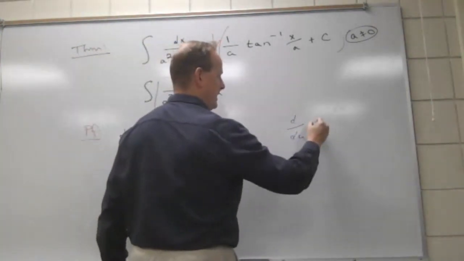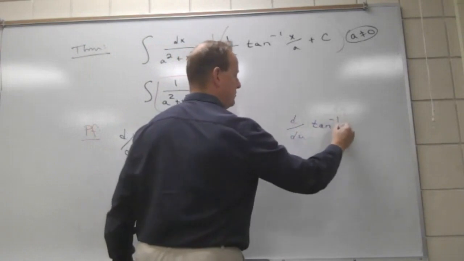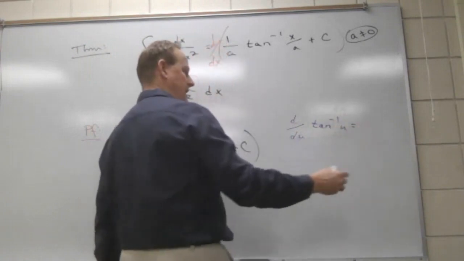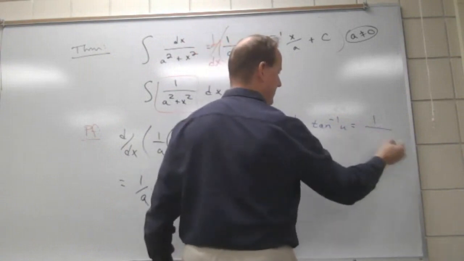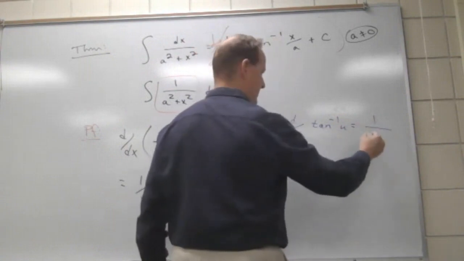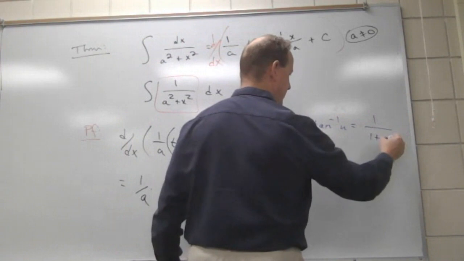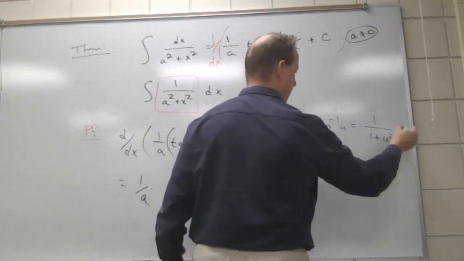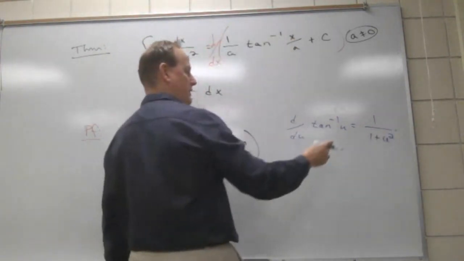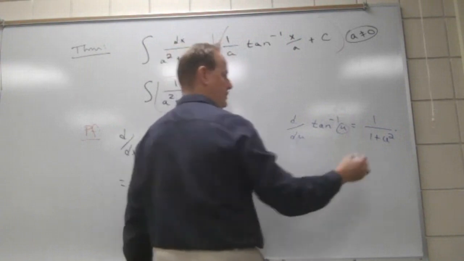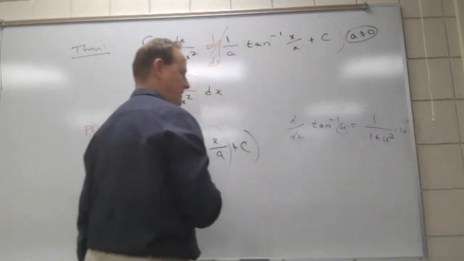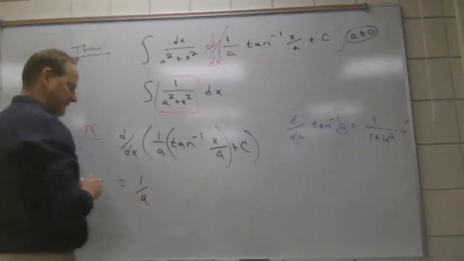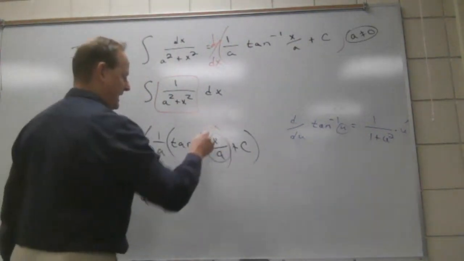The derivative with respect to u of arctangent of u equals 1 over 1 plus u squared, and then times the derivative of u with respect to x, so times u prime. So when u is a function of x, like I have here.